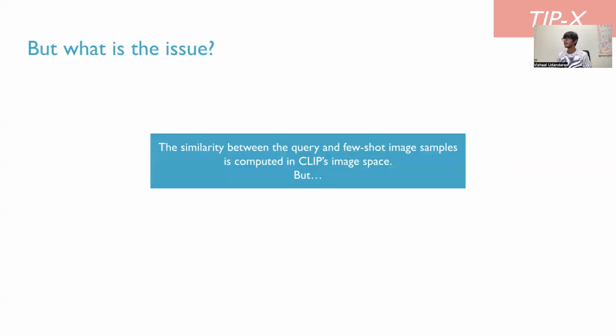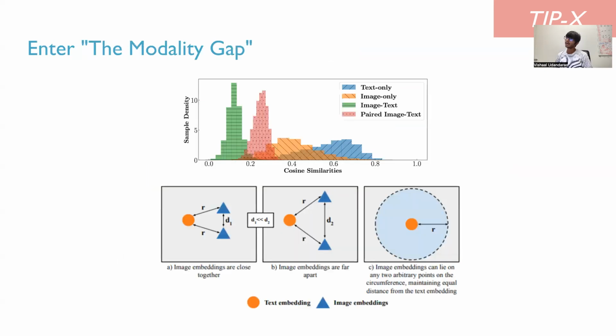However, we uncover a key issue in this methodology, the issue being that they essentially use the image-to-image similarity for computing these nearest neighbor logits. However, because of the well-known modality gap in CLIP, using image-to-image similarities can be miscalibrated.